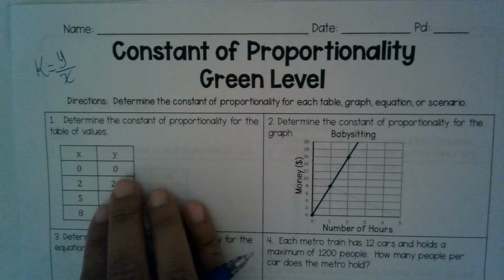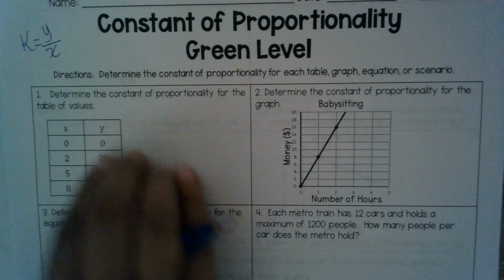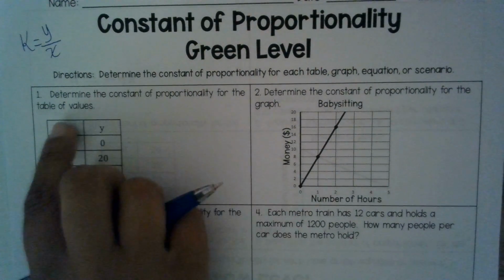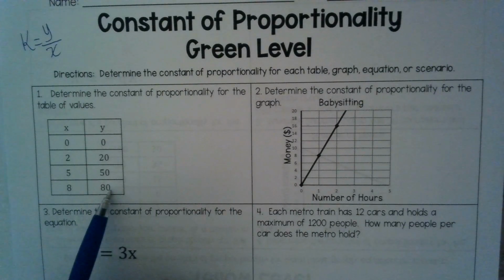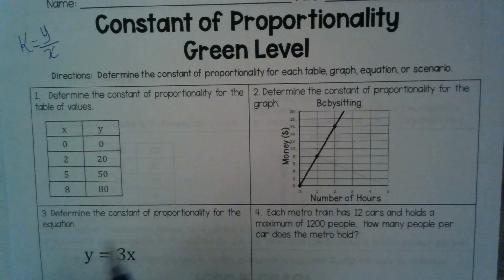So, for instance, we're going to look at number 1. Determine the constant of proportionality for the table of values. All right, here's my X values, here's my Y. Now, sometimes you may not find a pattern at first, okay? So you have to check all of the values you're given.